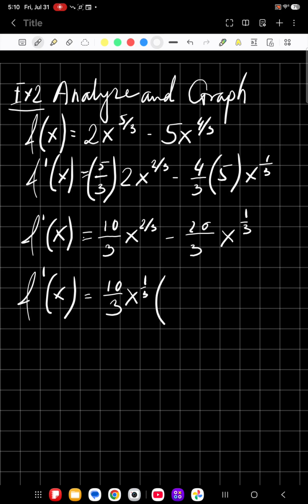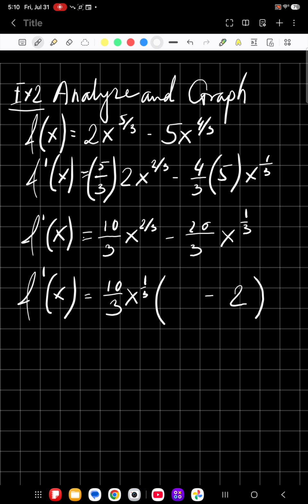So now the big question is, what do I have left in the parentheses? Out of that second term, I'm factoring x to 1/3 and that 10/3. So I have just 2 left. I hope that's what you get.